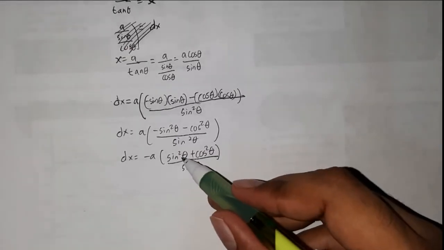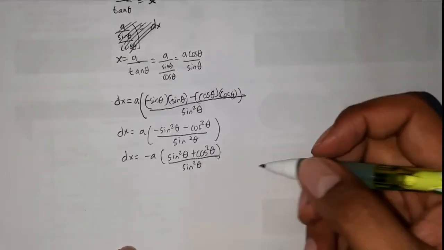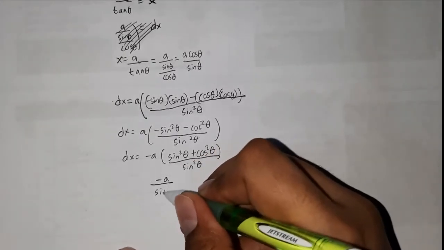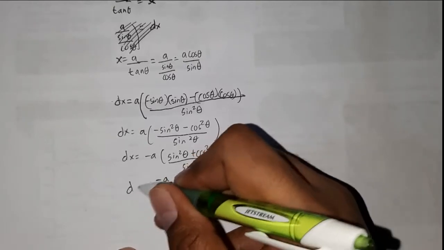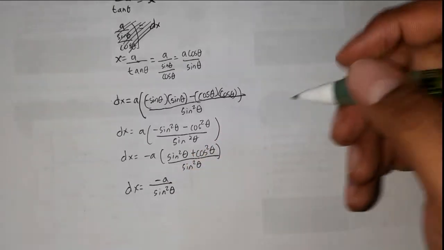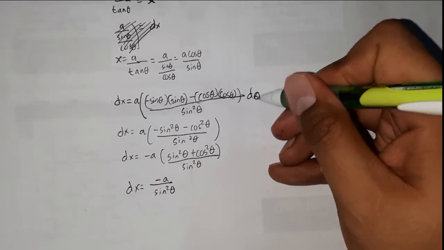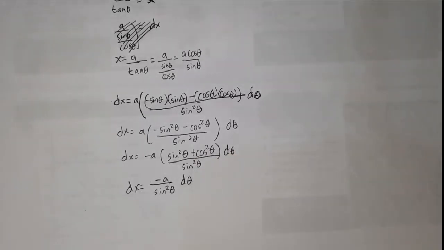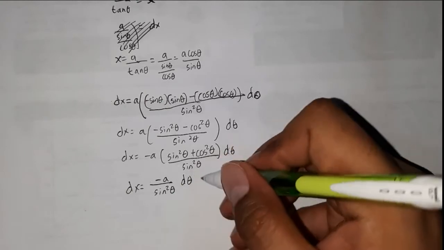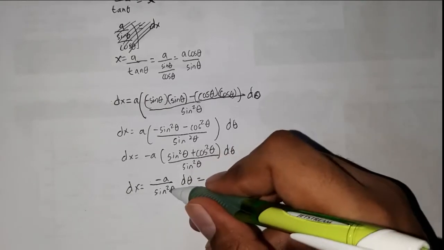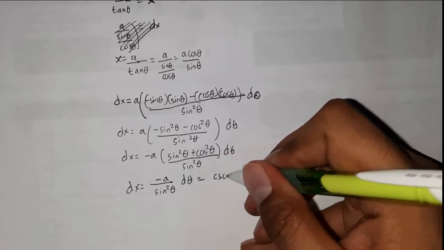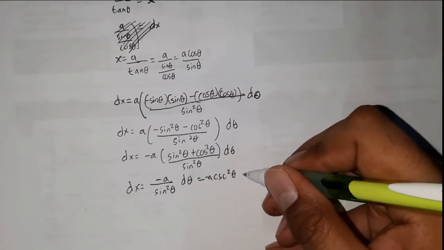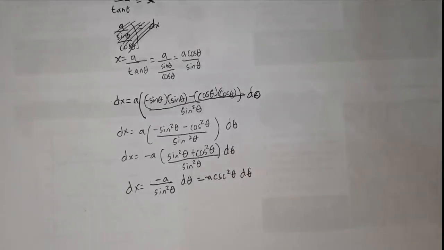Tapos, ito, sine squared plus cosine squared, 1 lang naman yan. So, magiging negative a over sine squared theta. Okay. Nakalimutan ko pala, dapat meron tong d theta kasi derivative na. Or, ito, ay equal sa sine squared. Ito ay cosecant squared. Okay. So, negative a cosecant squared theta d theta.